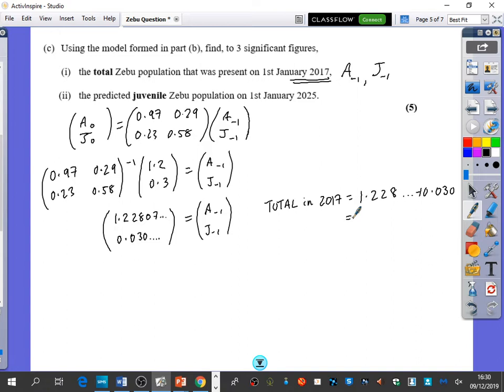And it wants it to 3 significant figures. So 1.23 million to 3 significant figures. That was for part 1 there.